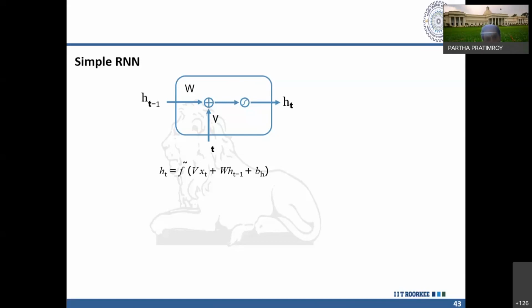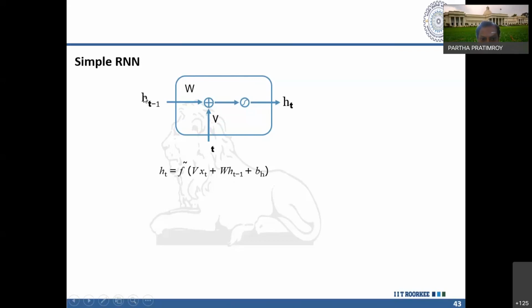Okay, so now you have this simple block. If I just want to mention it, you can try to visualize it as a cell where this is the xt. Xt is multiplied with V, some matrix. This is also a weight.